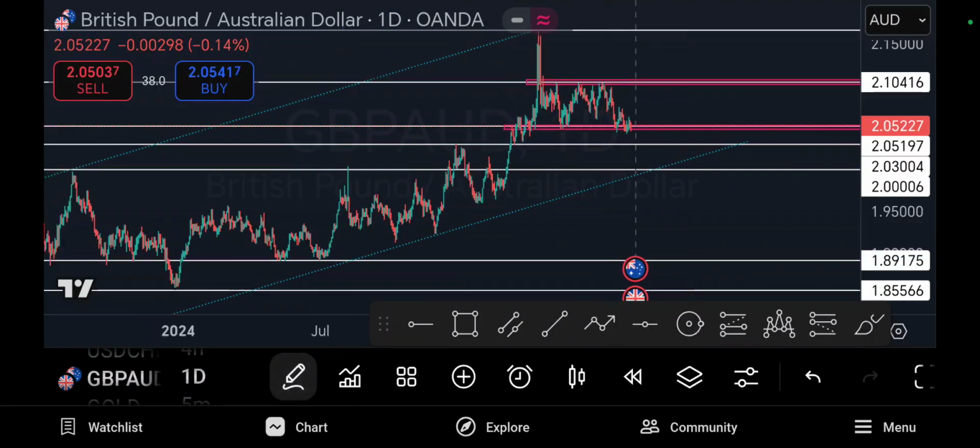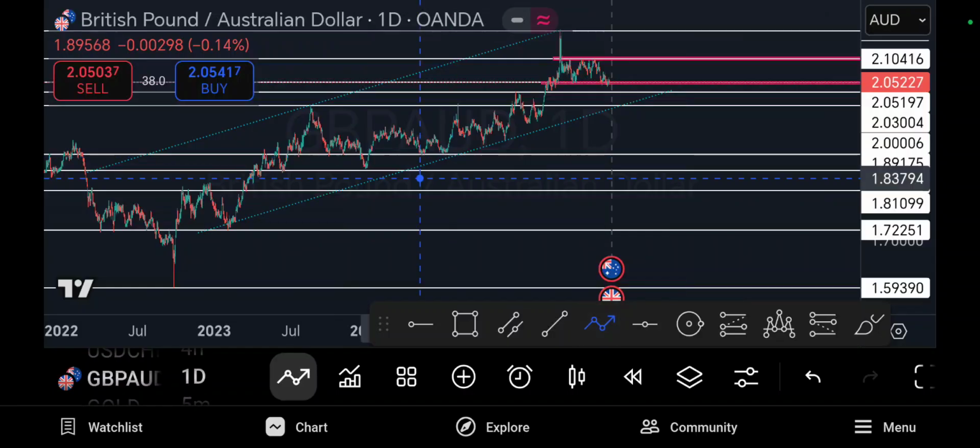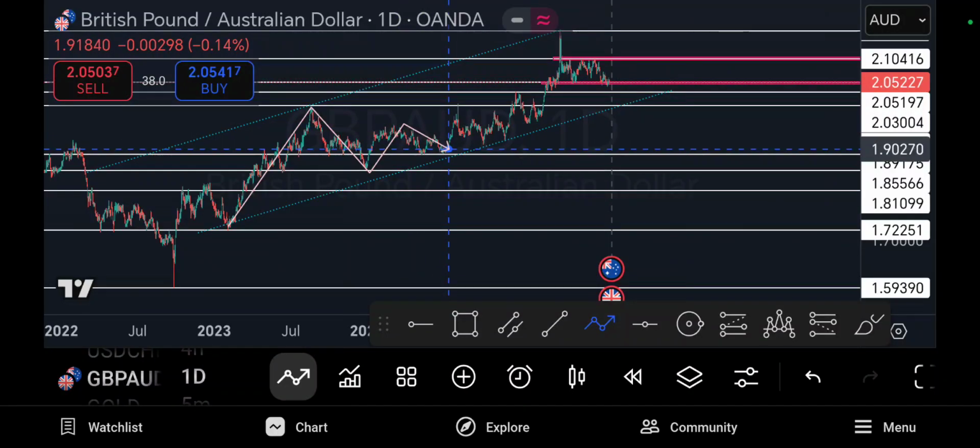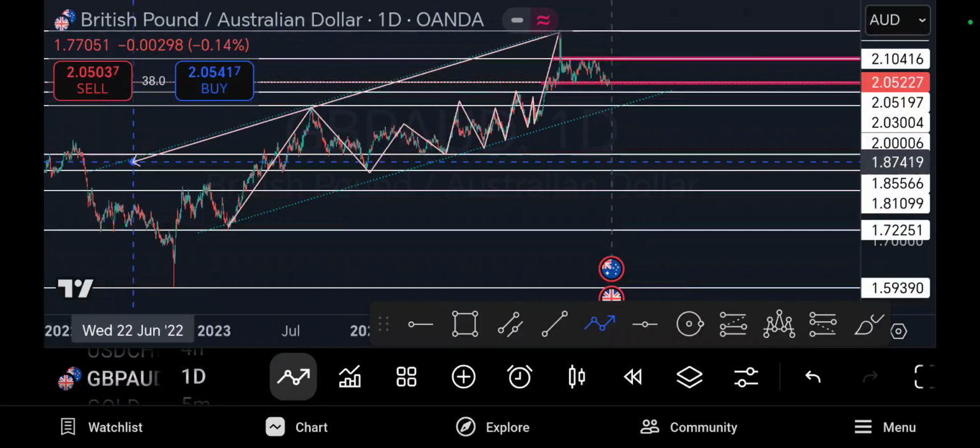from here, it has been moving like this. It gave us this touch there, highs and lows, came to touch the trend line, tried to break out, failed, tried again, failed, touched the trend line again, broke out, gave us this low here, tried to give us a higher high, failed, gave us this low, and then it finally hit our overall high.